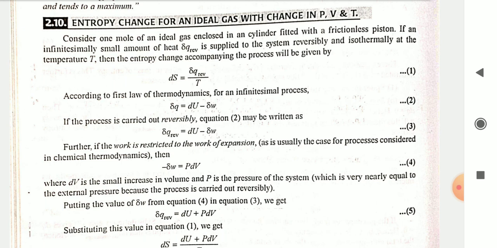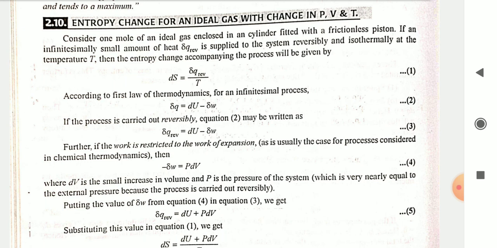Further, if the work is restricted to the work of expansion, as is usually the case for processes considered in chemical thermodynamics, then minus dW is equal to PdV, where dV is the small increase in volume and P is the pressure of the system, which is very nearly equal to the external pressure because the process is carried out reversibly.